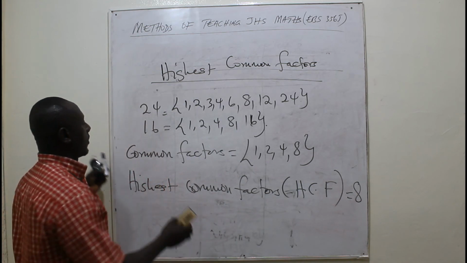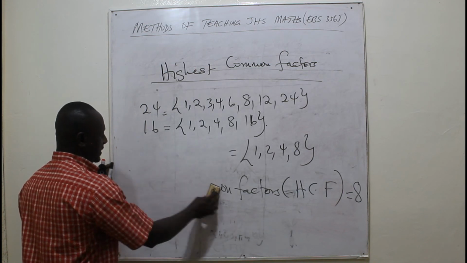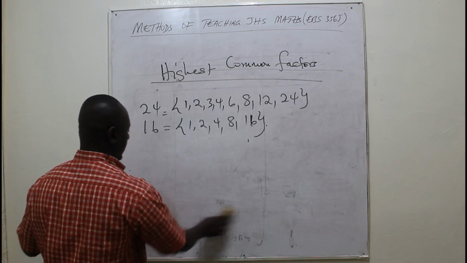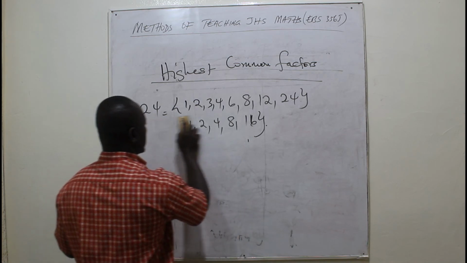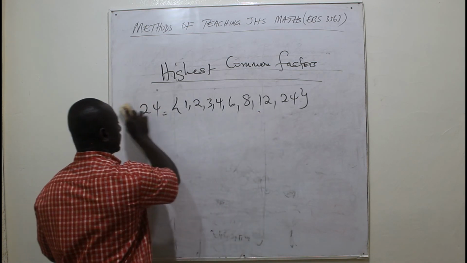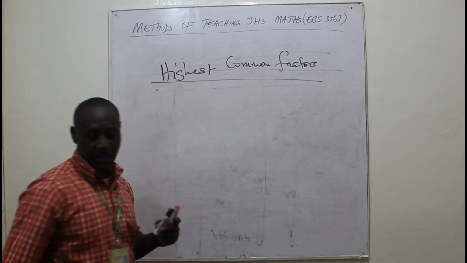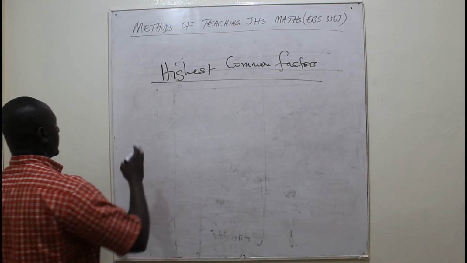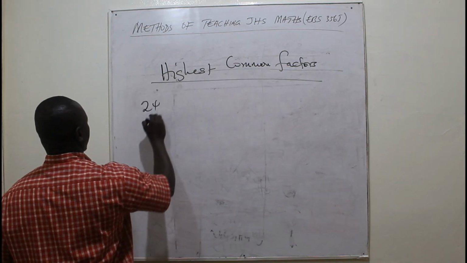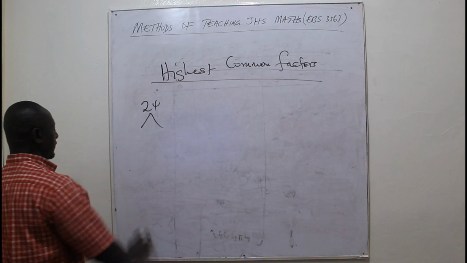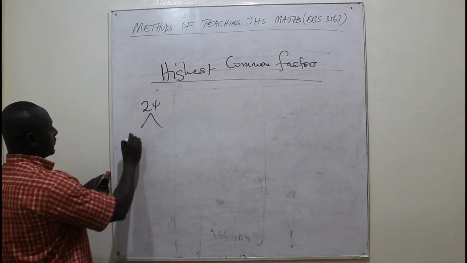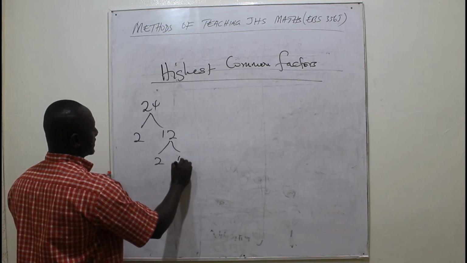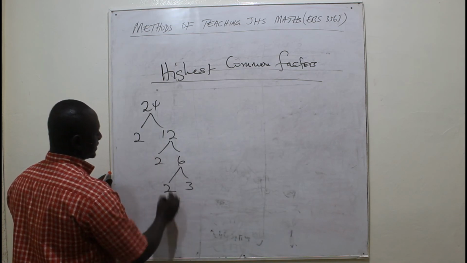Okay. Now, if I don't want to use this, I can also use what we call the factor tree or prime factorization to do that. So let's see for the 24 and the 16 how we can do that. If it is 24, I'm looking for prime factors of that. So I have 2 times 12, 2 times 6, 2 times 3.